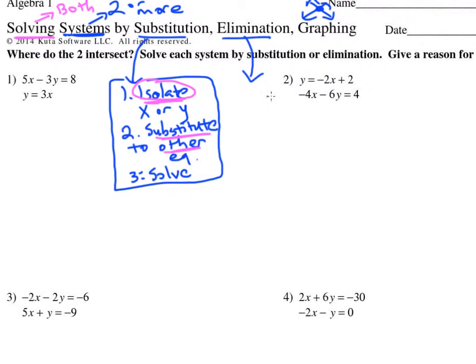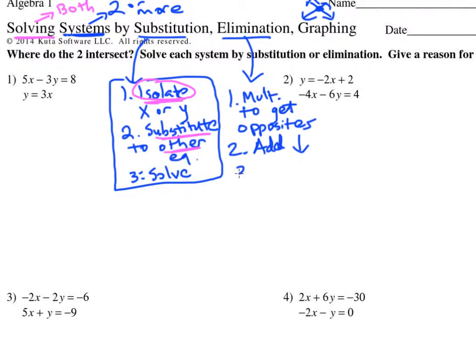Now for elimination, our steps, first step you want to multiply to create opposites. Step 2, once you have opposites, you want to add straight down.